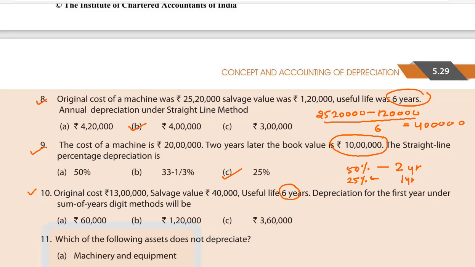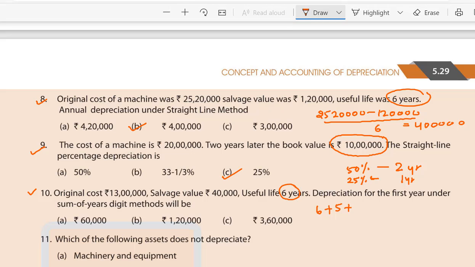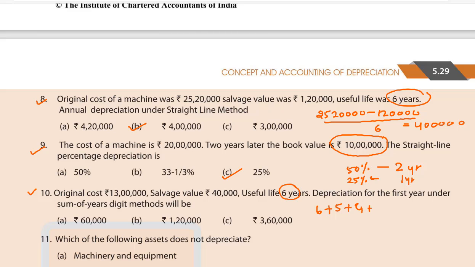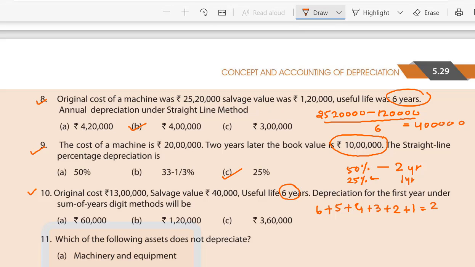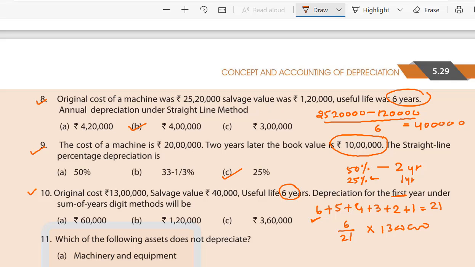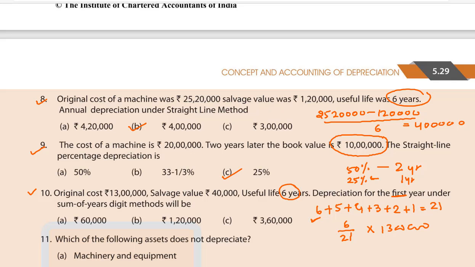Depreciation under sum of digit method. 6 plus 5 plus 4 plus 3 plus 2 plus 1 equals 21. Depreciation for first year, so 6 by 21 multiplied by 13 lakhs. Do it on your calculator.